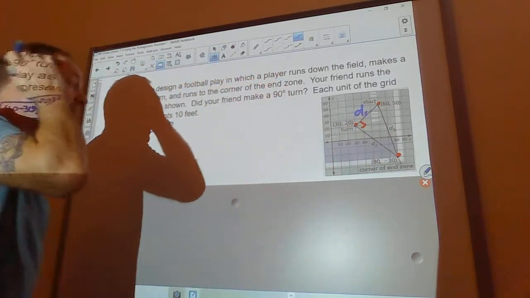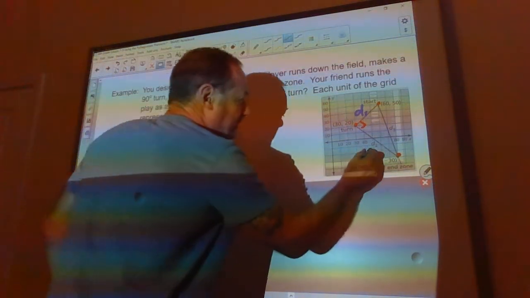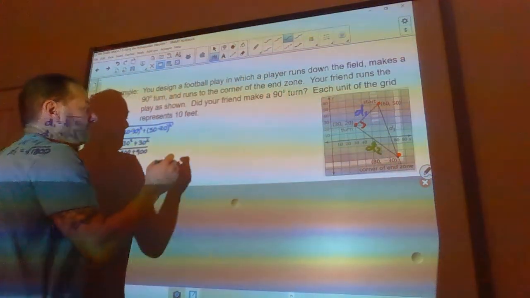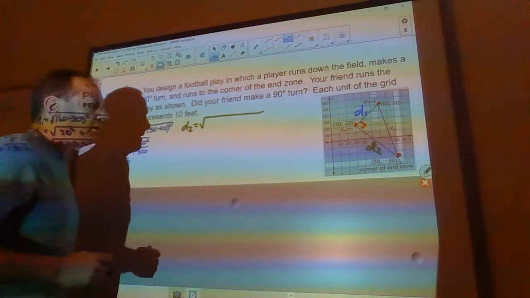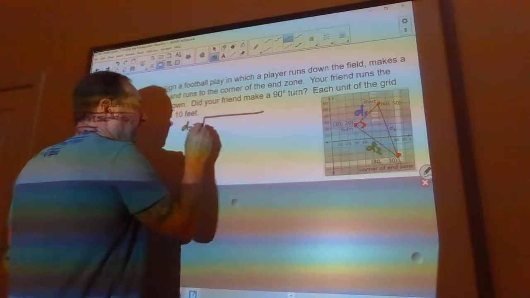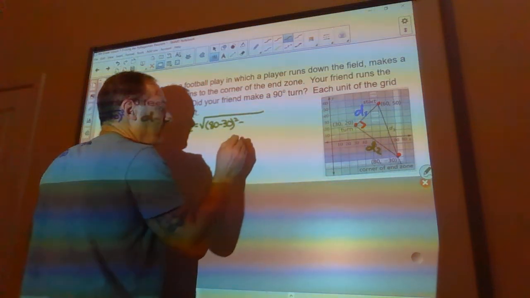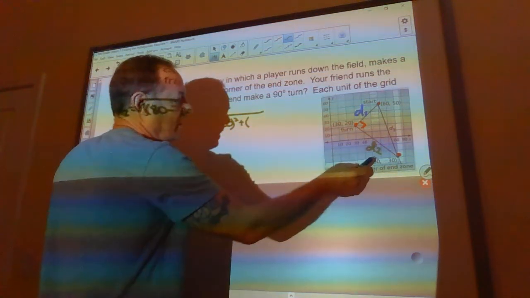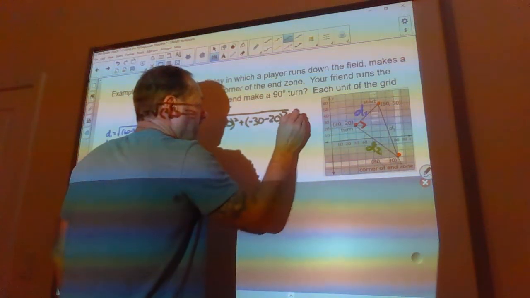D1's in blue. All right, now let's calculate D2. So here's D2. D2 is going to be the square root of 80 minus 30 squared plus negative 30 minus 20 squared.